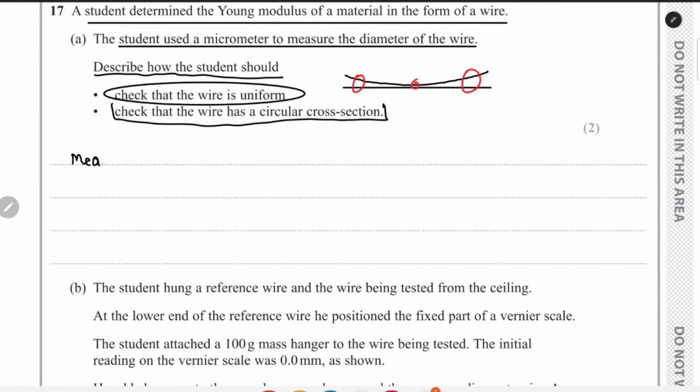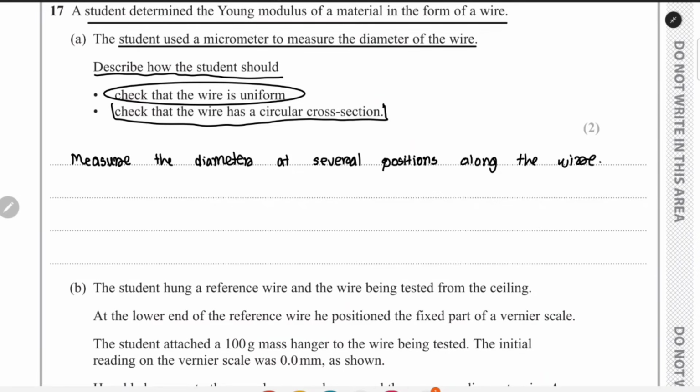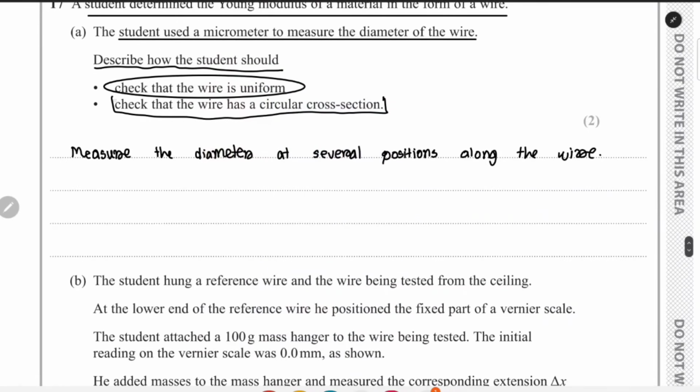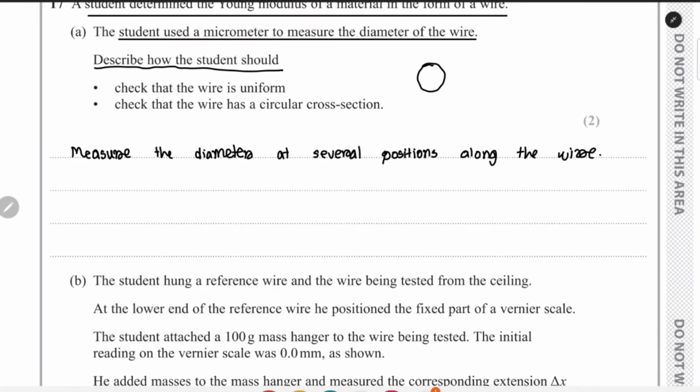So measure the diameter at several positions. Now in this part over here, we need to check that the wire has a circular cross section. So a cross section like this.